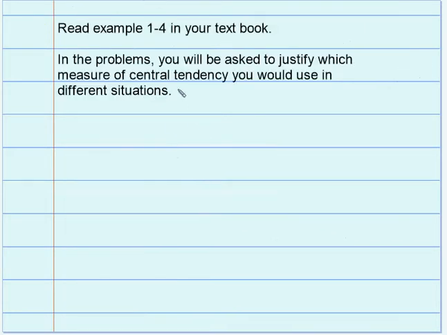Well, here's the best news for you, or maybe not. You have to read examples 1 through 4 in your textbook. In the problems, you will be asked to justify which measure of central tendency you would use in different situations, and the best way to do that is to read the examples and then understand why they're using median to report out in a certain situation, or why they would use mean, or why they would use range.